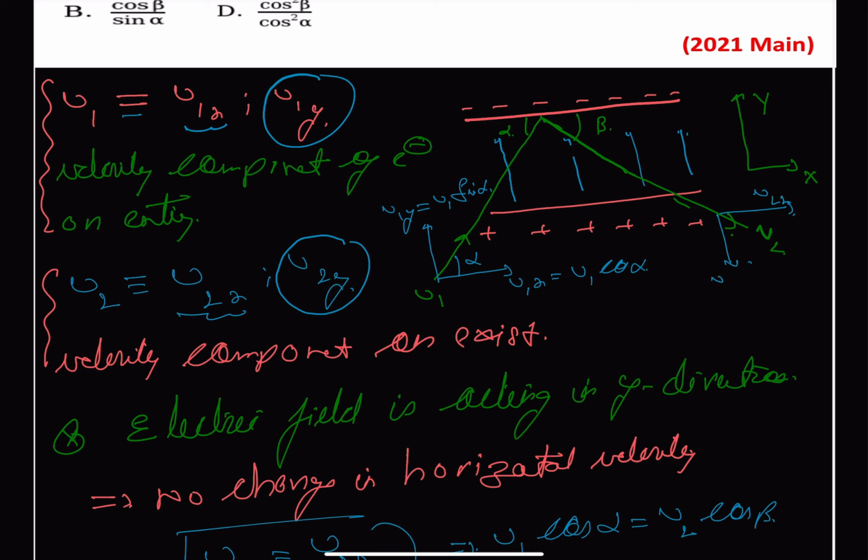So V2x will be V2 cos beta, and V2y will be equal to V2 sin beta. Yeah, this is correct.